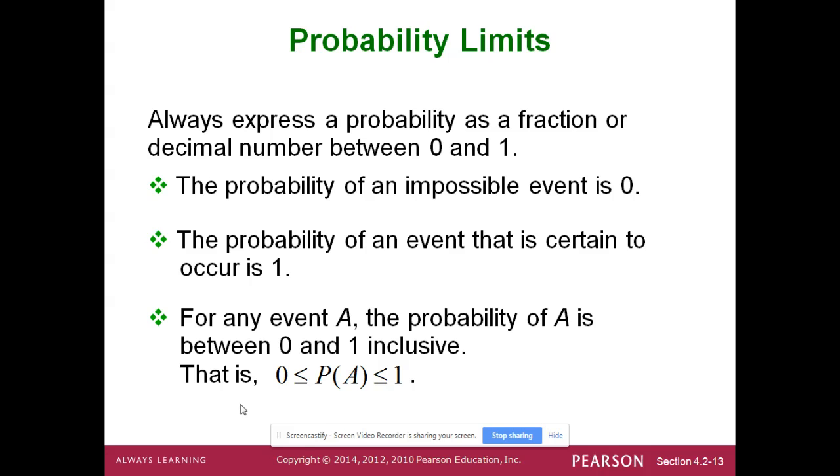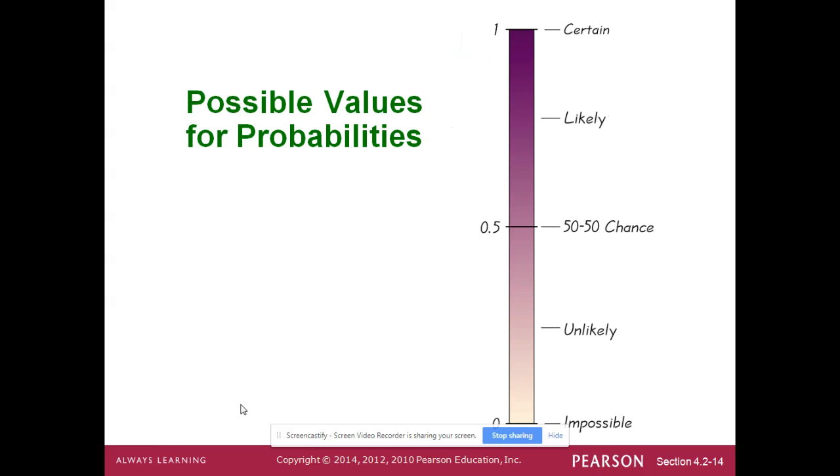So our events can be anywhere between 0 and 1, a decimal number between 0 and 1. If it's impossible, then the probability is 0. If it's certain that the event is going to happen, it has to happen, then the probability is 1. It's just one of those rules where we've got to have that occur.